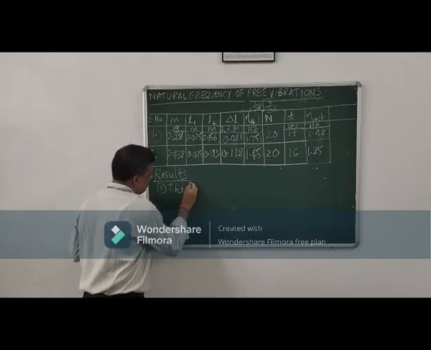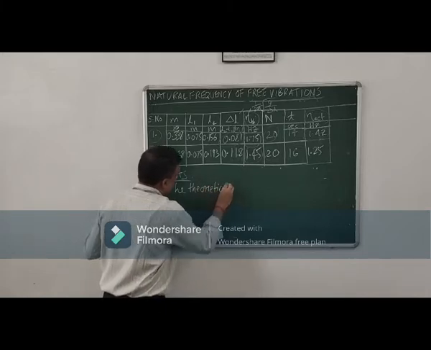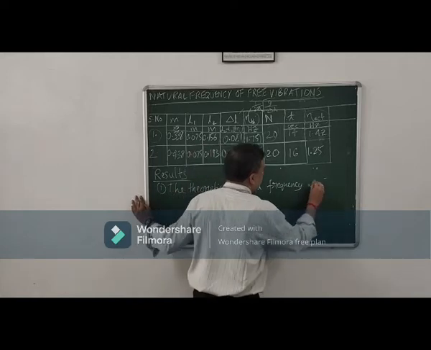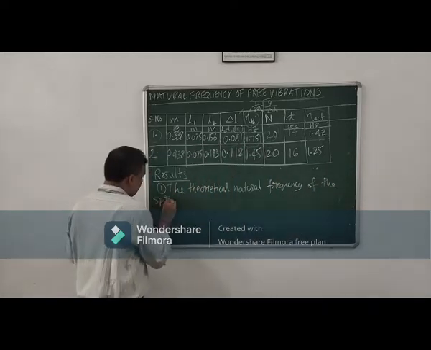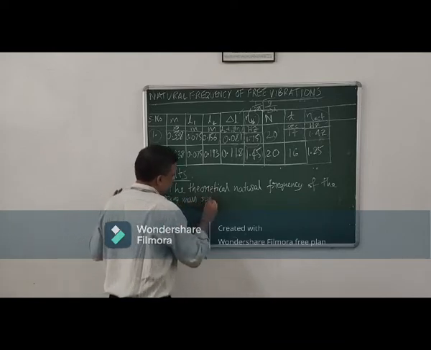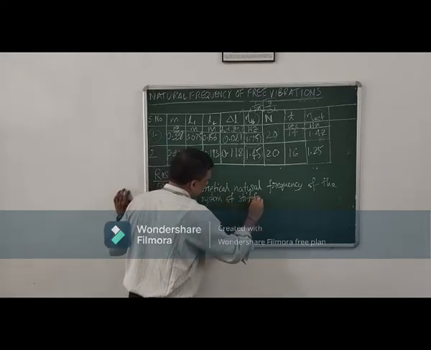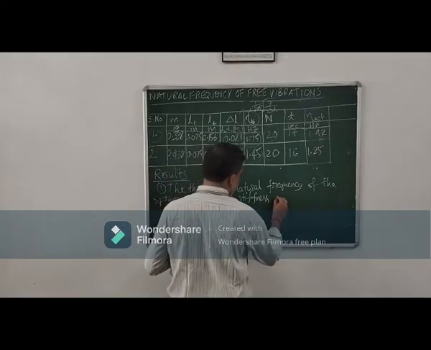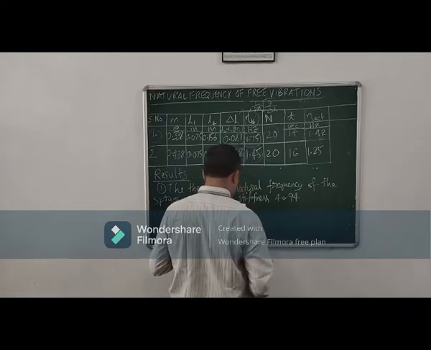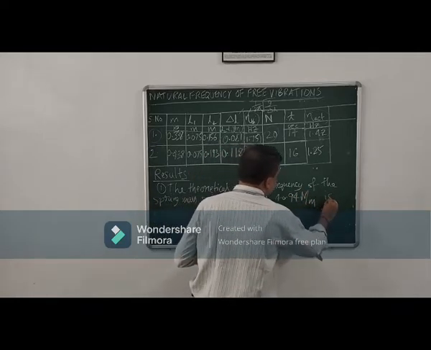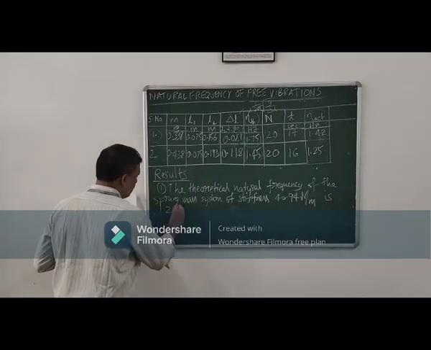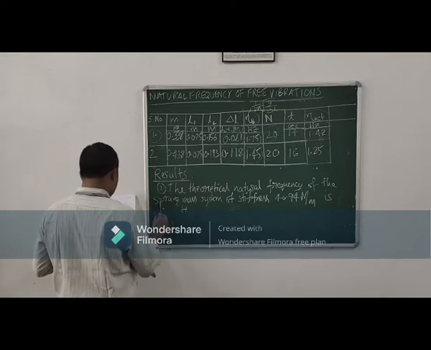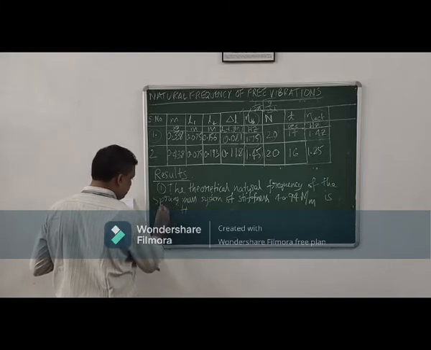The theoretical natural frequency of the spring mass system of stiffness 40.94 Newton per meter is 1.75 hertz. Okay, it is 1.75 hertz.